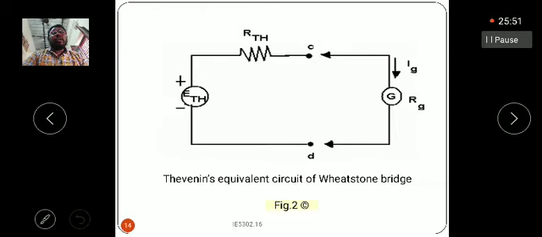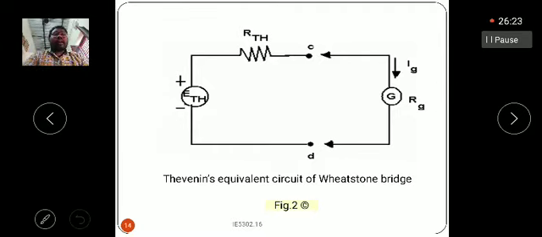Based on that, we calculate Thevenin's voltage and Thevenin's resistance, and the unknown resistance can be connected to the load terminal. Here the galvanometer resistance is the load we have to consider, and the remaining energy sources are replaced with one single voltage source, the Thevenin's voltage source, and the total resistance is converted into Thevenin's resistance.